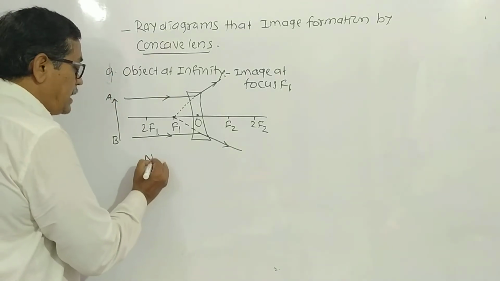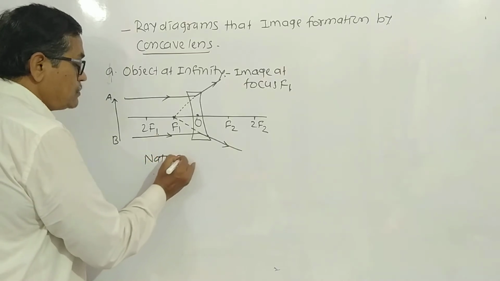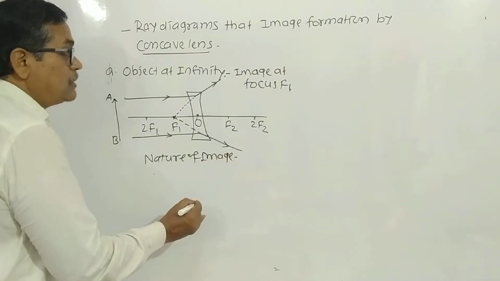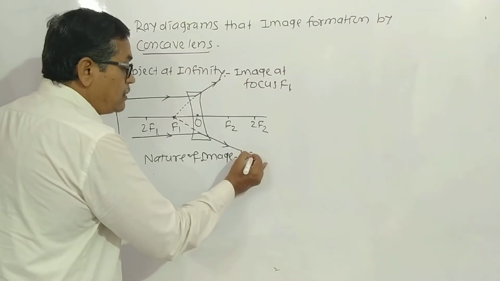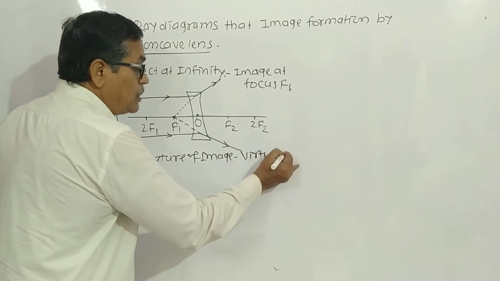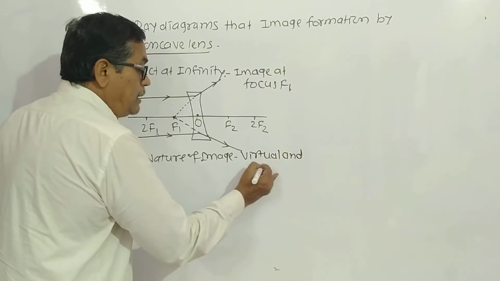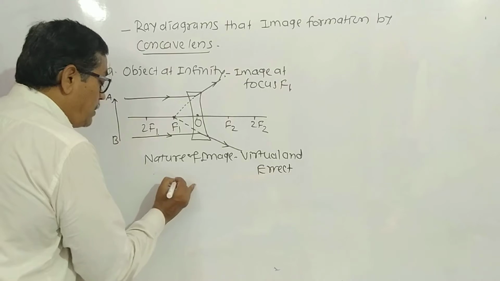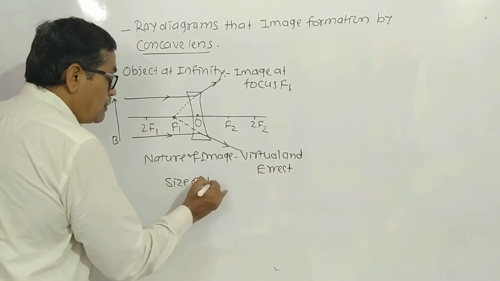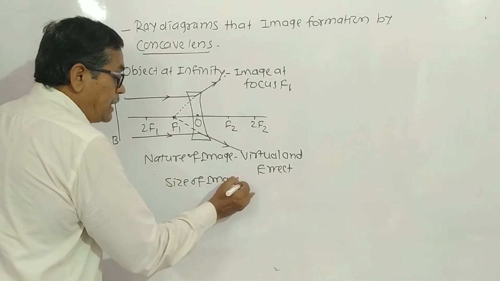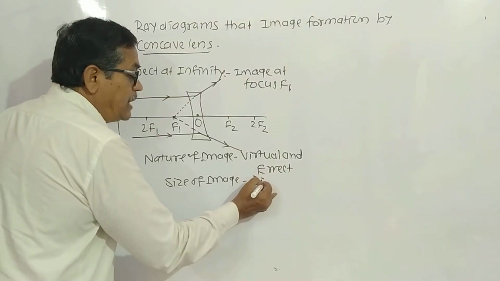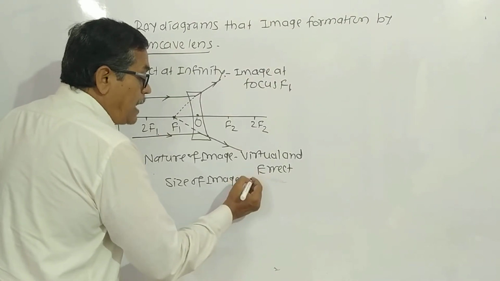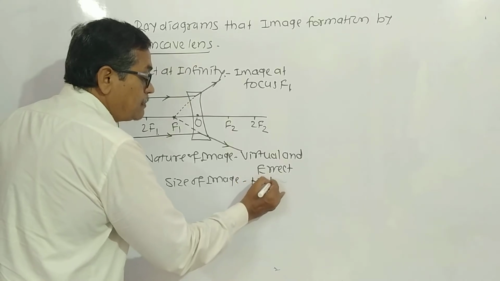You know what is the nature of image? Nature of image is virtual and erect. Then what is size of image? Size of image is diminished, or we call it highly diminished.